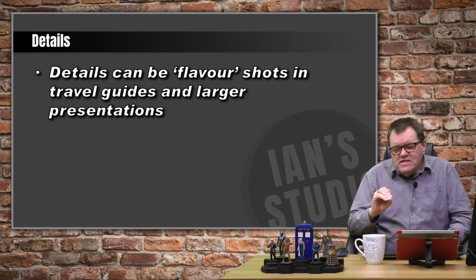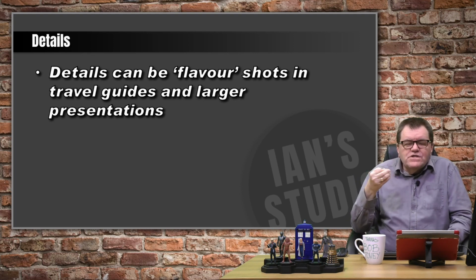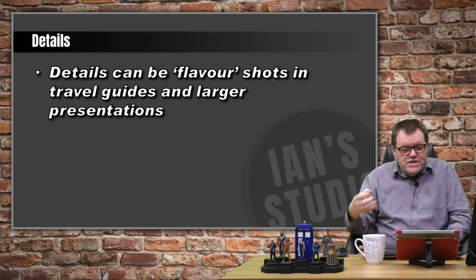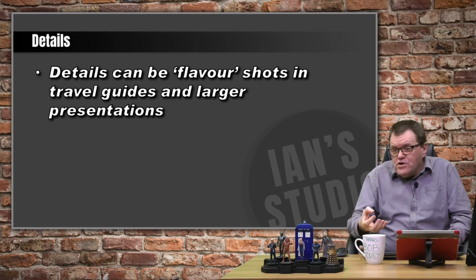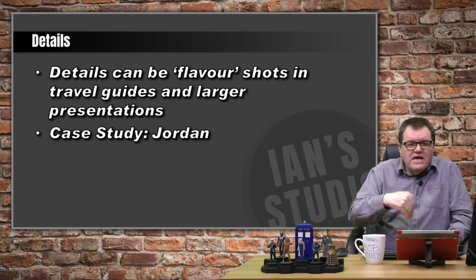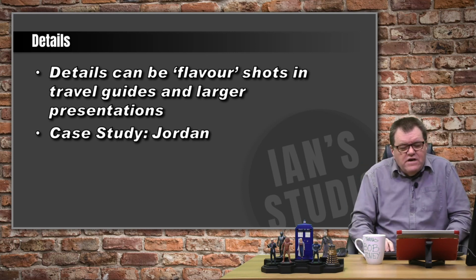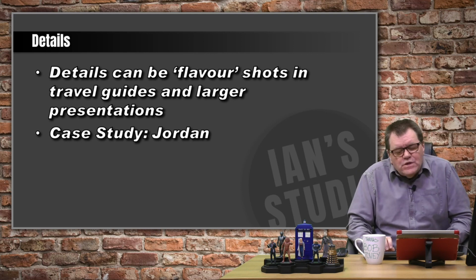Another thing about details, and why I encourage them, is because they can be used as flavour shots, either in travel guides or in larger presentations. So here's a case study from a trip to Jordan. Just a detail from, again, something iconic.